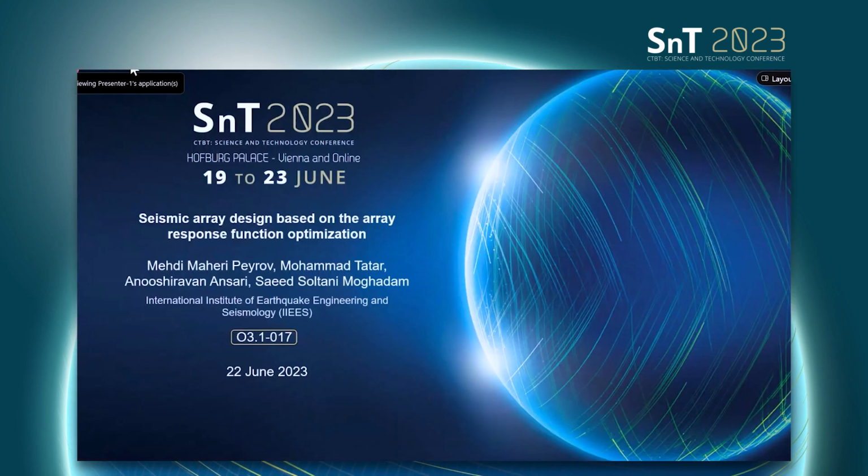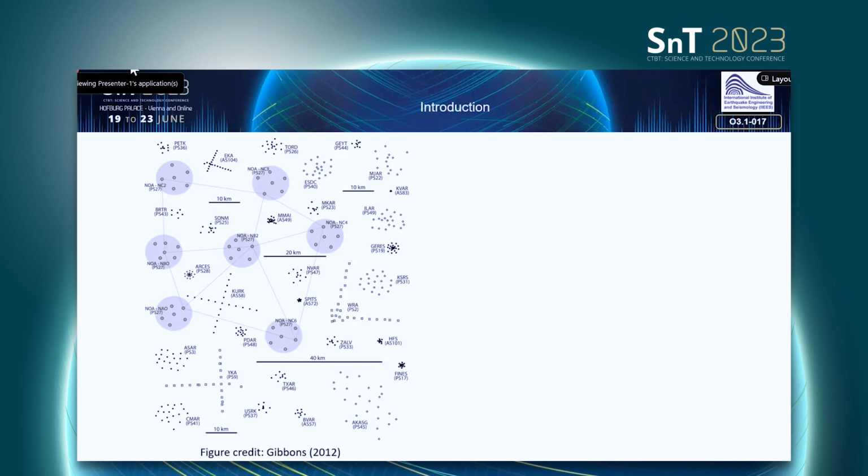Hello, everybody. I'm going to share with you the result of my study on seismic array design based on the array response function optimization method. I would like to begin by showing you this excellent figure made by Dr. Gibbons, which compares different IMS seismic arrays in terms of their size, number of stations, and their configuration.